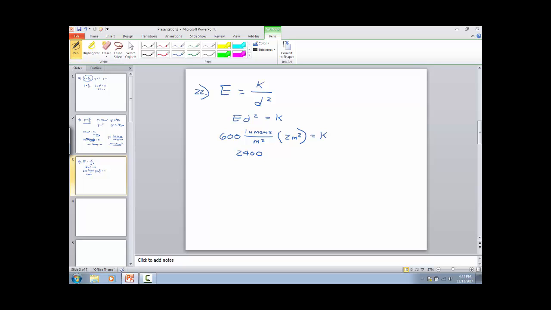And again, see, I put it as lumens per meter squared to show you that the meter squared drops out, and we end up with 2400 lumens equals K.